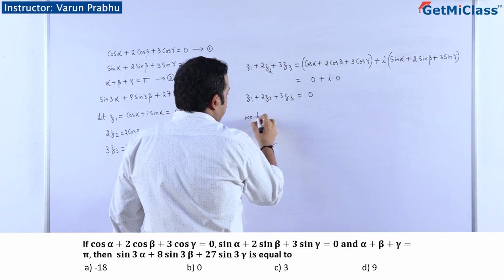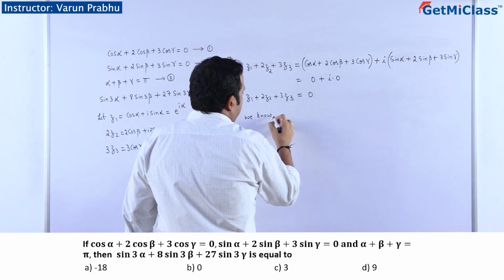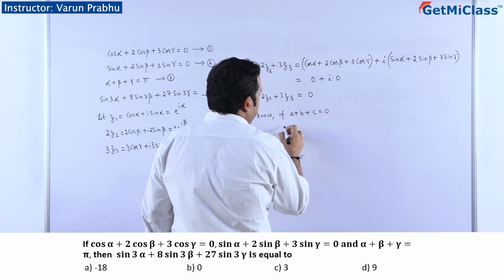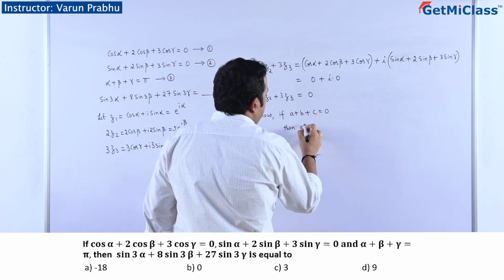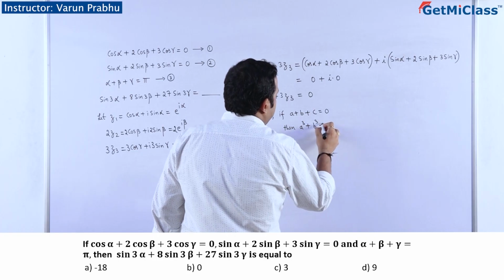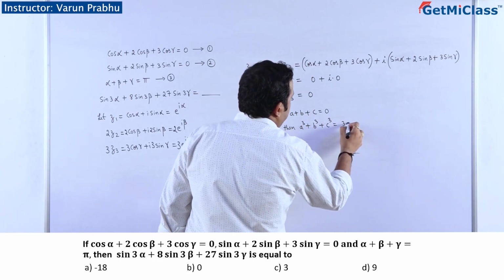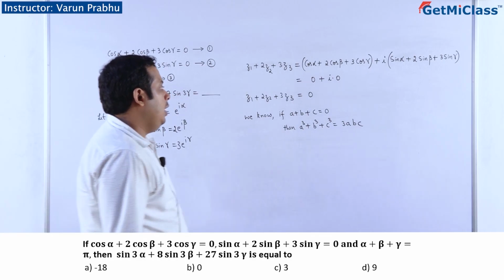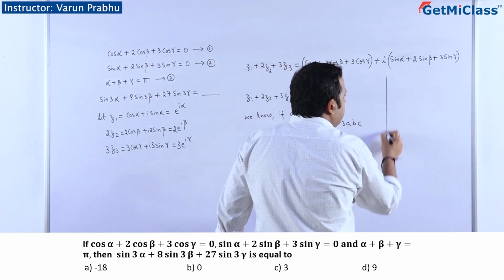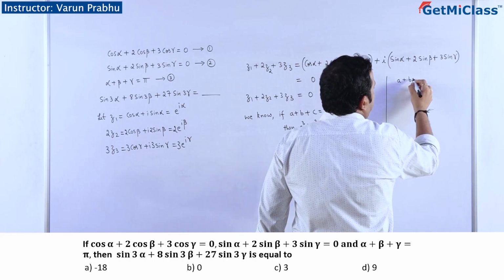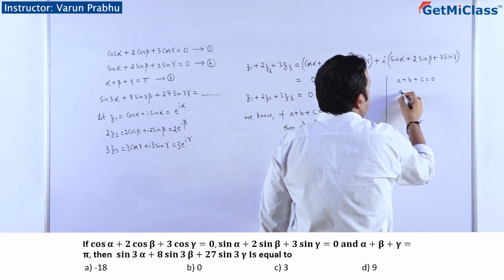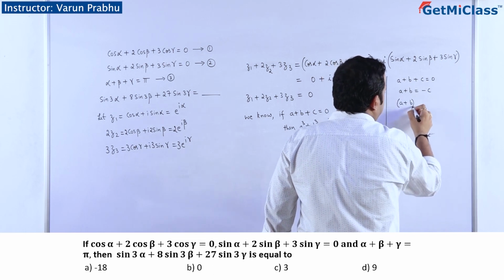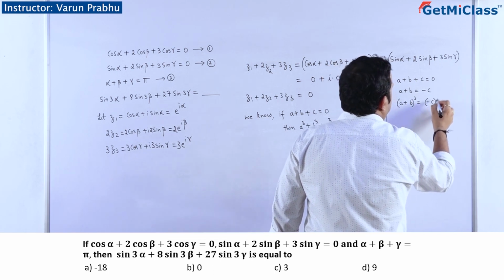Now we know if a plus b plus c is equal to 0, then a cube plus b cube plus c cube should be equal to 3abc, right? Do you know this identity? If you don't know this identity, I'll show you here. Now a plus b plus c is equal to 0, so I can write a plus b is equal to minus c, cube on both sides, minus c the whole cube.